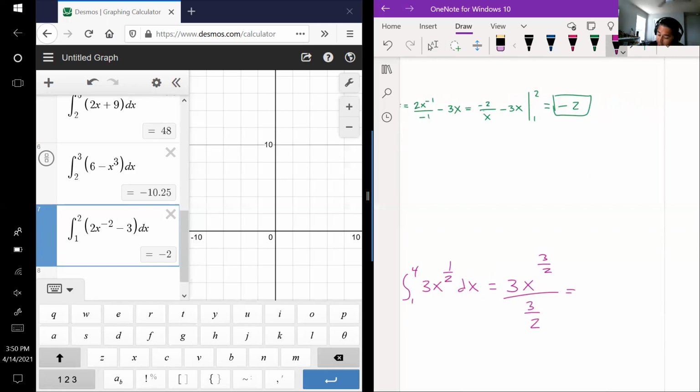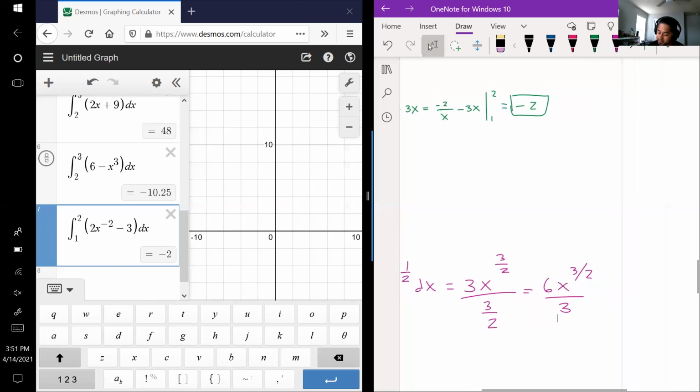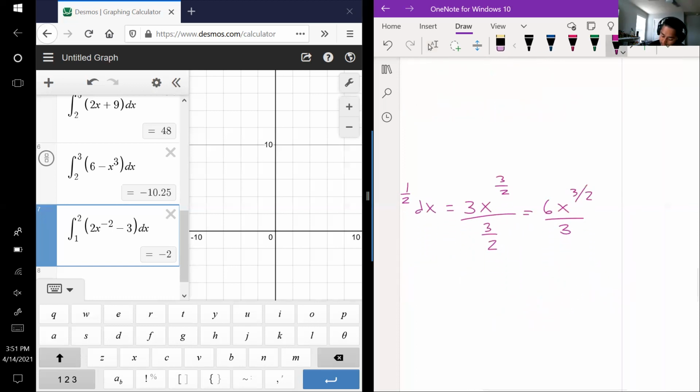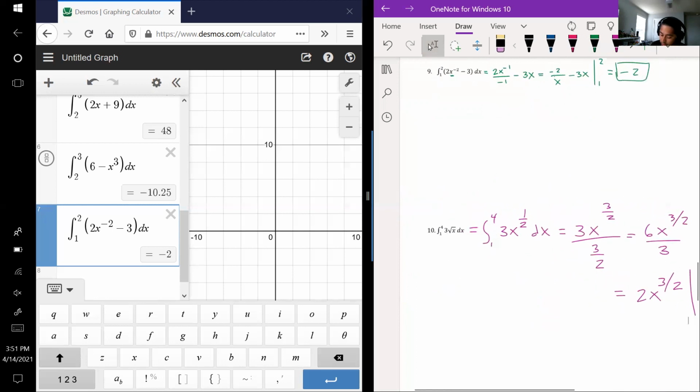And that 2 is going to come to the numerator, and you will get 6x to the 3/2 over 3, which actually reduces to 2x to the 3/2. And now we evaluate it from 1 to 4.